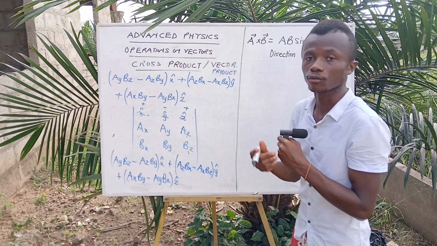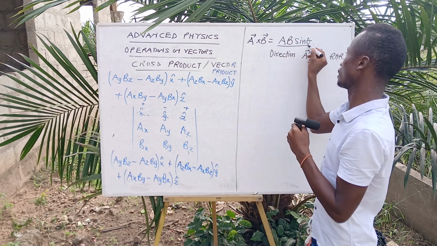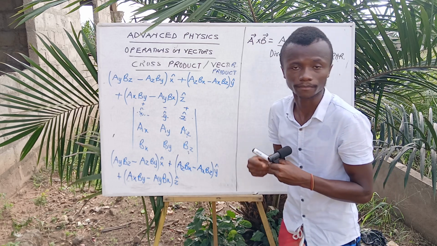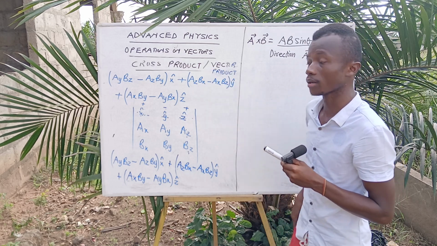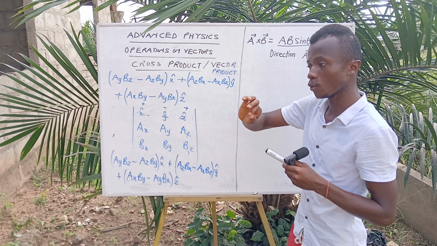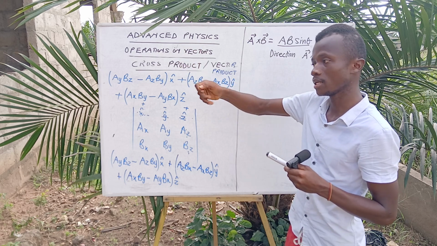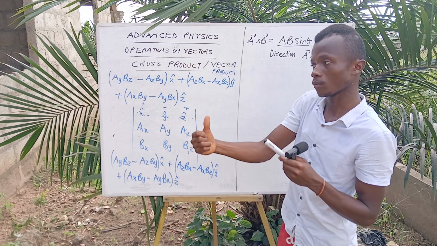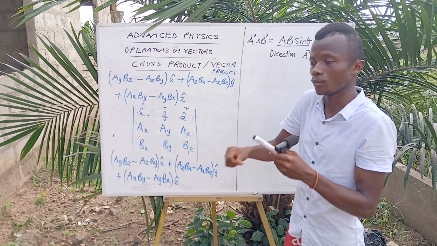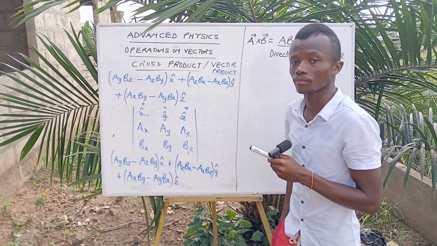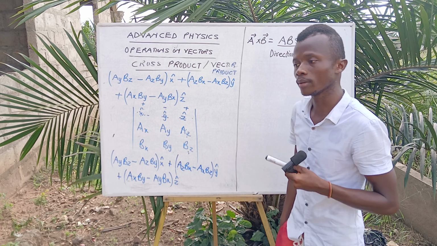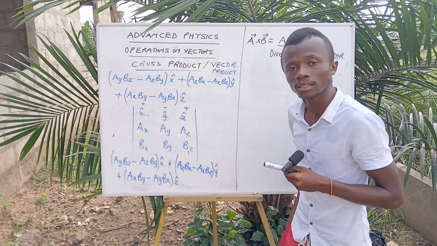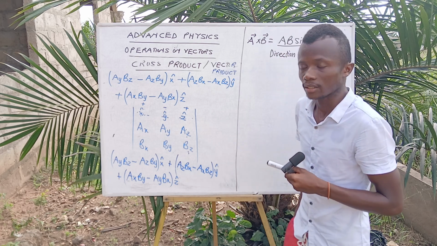That's where the direction will point, but this is the magnitude. This is the direction as shown in the previous part of the video, where you hold a, cross it with b, and where that screw would move to will be the direction of the product. Now this cross product appears in torque, angular momentum, and some other quantities.